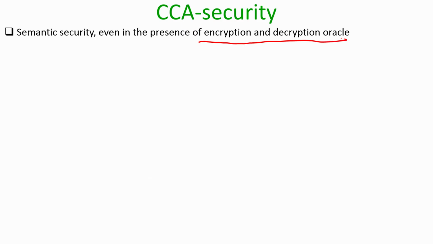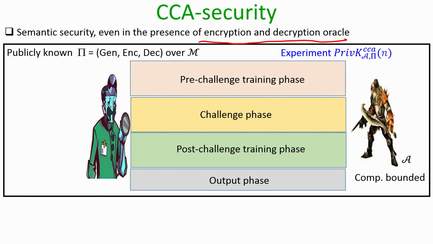That makes this attack model, or this notion of security, more powerful compared to CPA security. In CPA security, the goal was to achieve semantic security only if the adversary has access to the encryption oracle service, but now we want the adversary to not be able to distinguish an encryption of M0 from an encryption of M1 even if the adversary has additional access to the decryption oracle service.